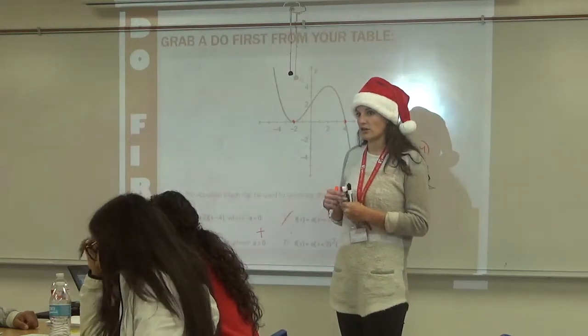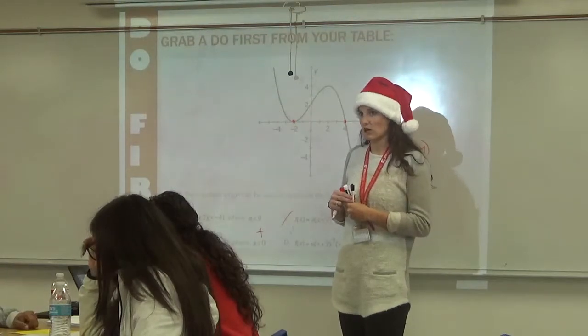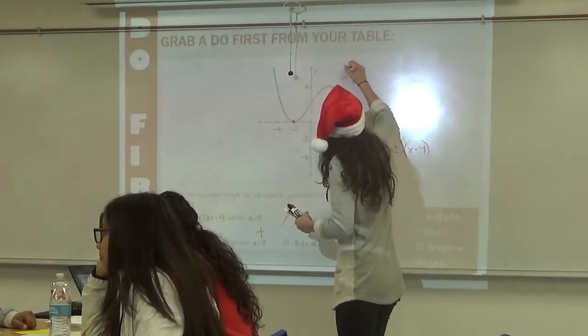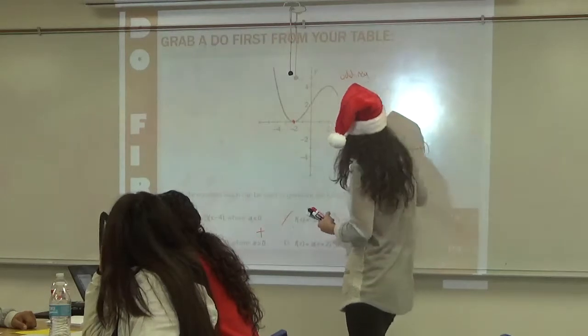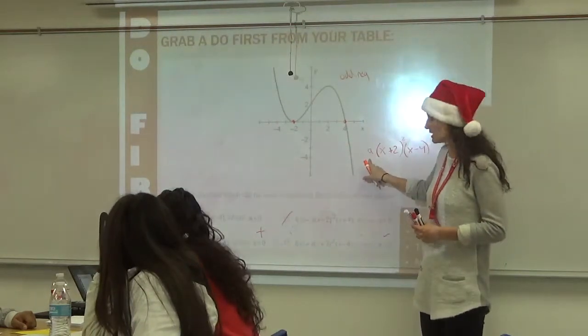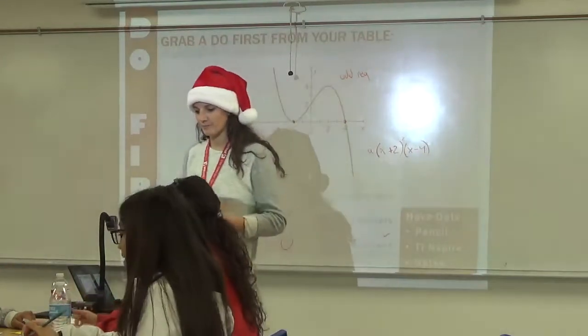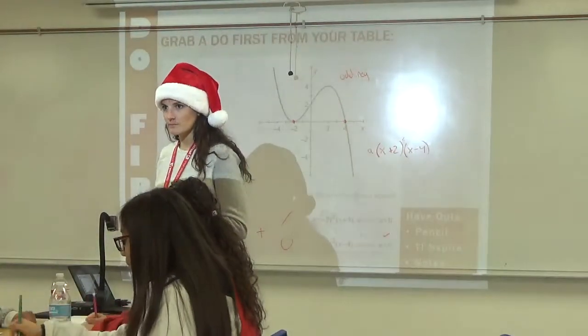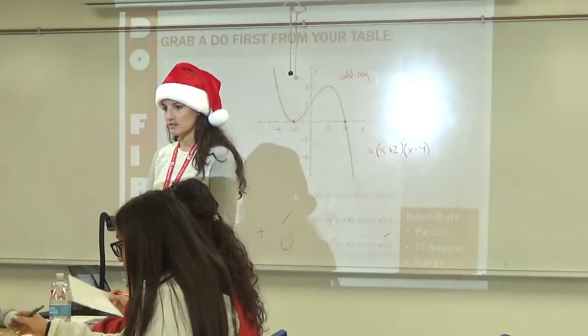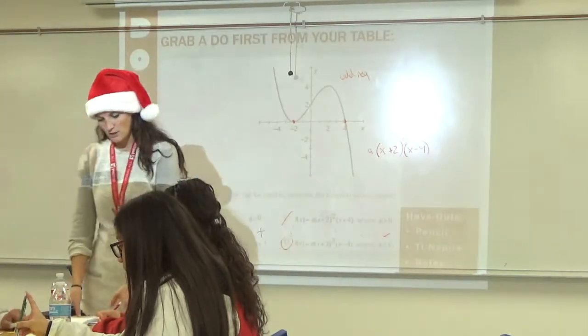Looking at the way this graph faces, this is an odd negative. So we know the leading term right here has to be negative. So we're going to go with D for this one right there. Okay? Does everyone see why it was D? You say okay? Yeah. Okay.